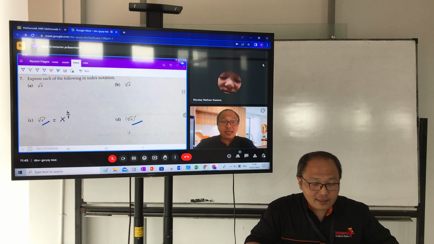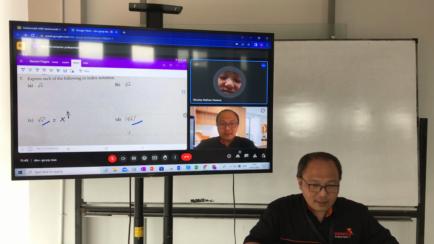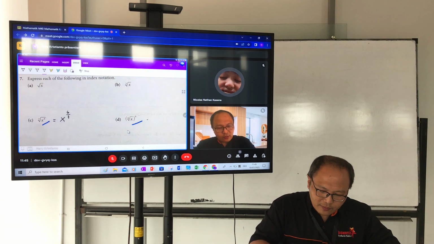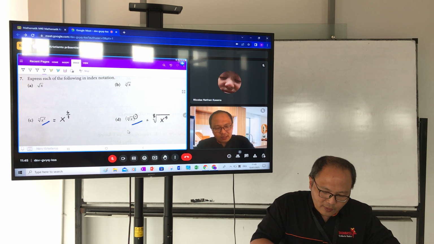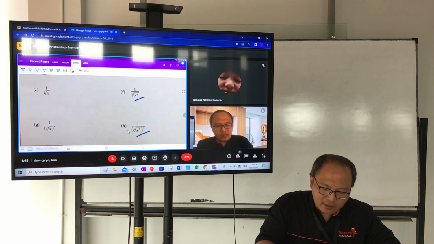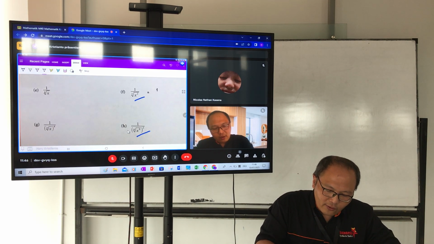Have we discussed that? Yes. And this one too, even though the 9 is outside the bracket, you usually can do this. X to the power of 9, and this is the 8th root. So basically x to the power of 9/8. Same thing like this one. This is actually 1 over x to the power of 2/5.